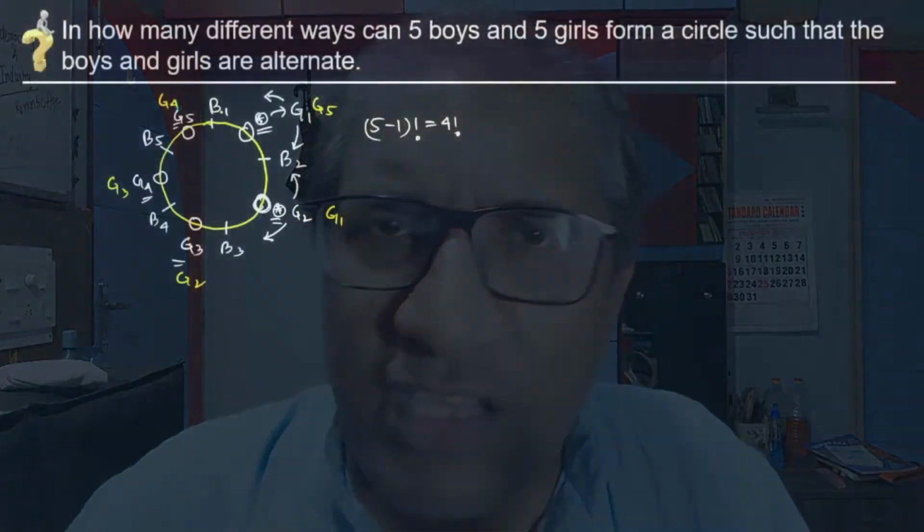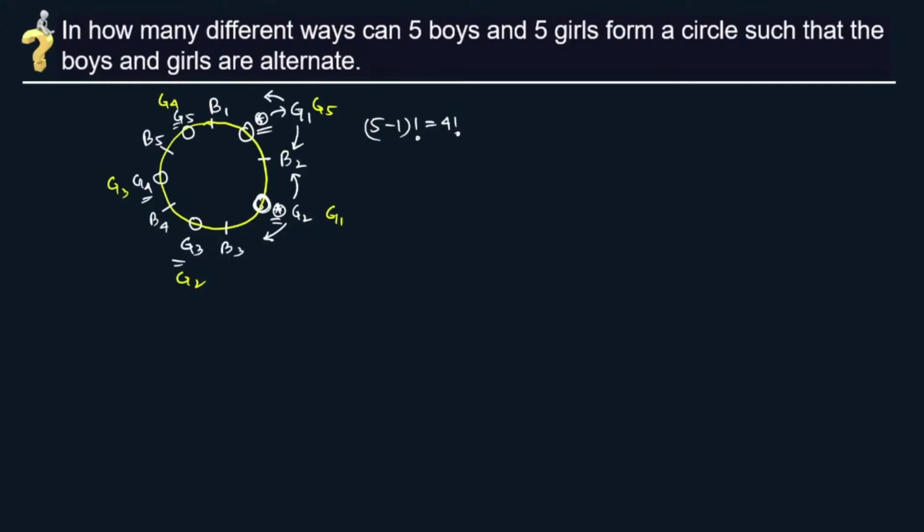Now tell me, is this arrangement the same as the previous arrangement? No. Why? Because in the previous arrangement, on the right side of G1 was B1 and on the left side was B2. But in the second case, on the right side of G1 we have B2 and on the left side we have B3. So these 2 are different arrangements.